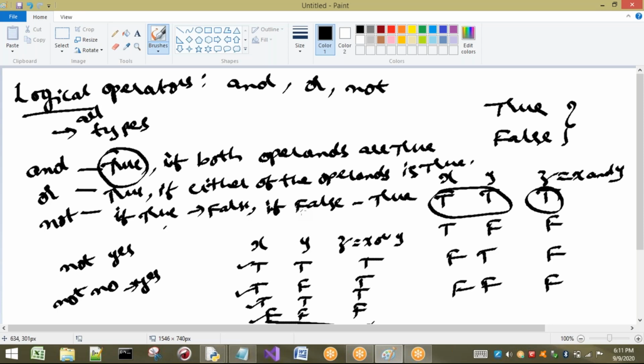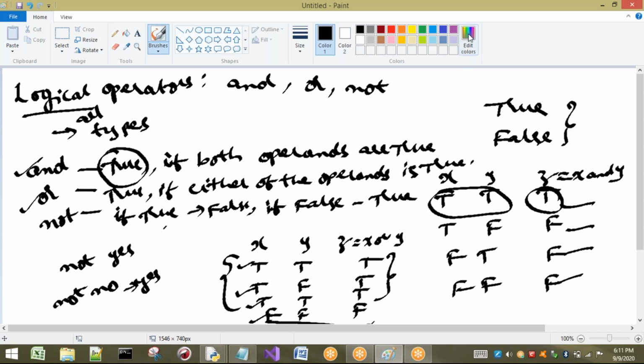Once again, briefly, I will repeat the same thing. Here the result will be true only if both operands are true. In AND condition, if both are true, then only it will be true. Remaining all cases, it will be false. Next, what is meant by the OR operator? The condition is: if either of the operands is true, that means if at least one true is there, then automatically the result will be true.